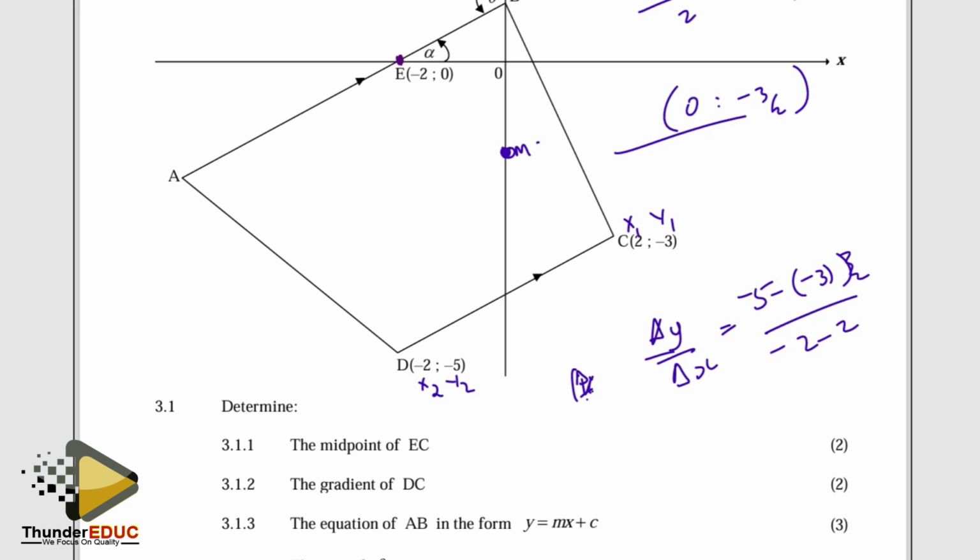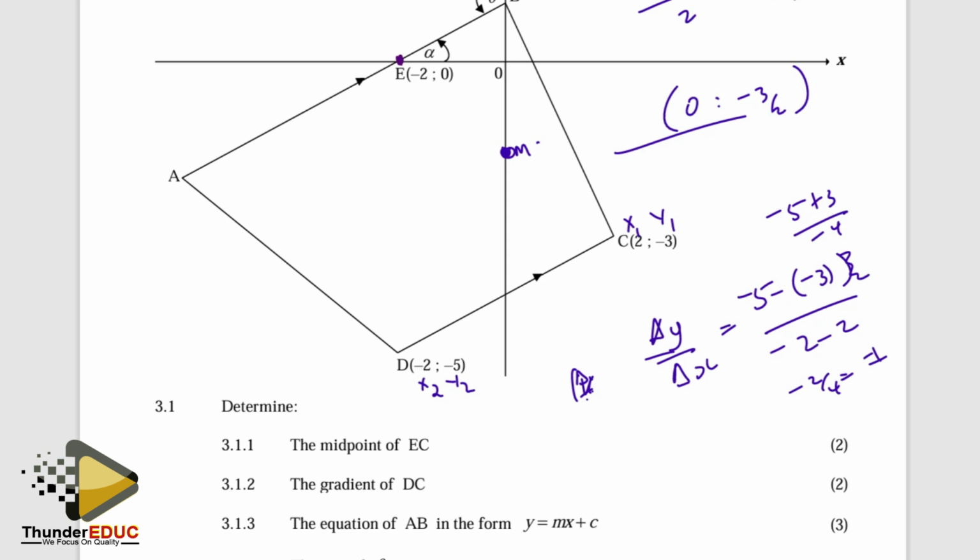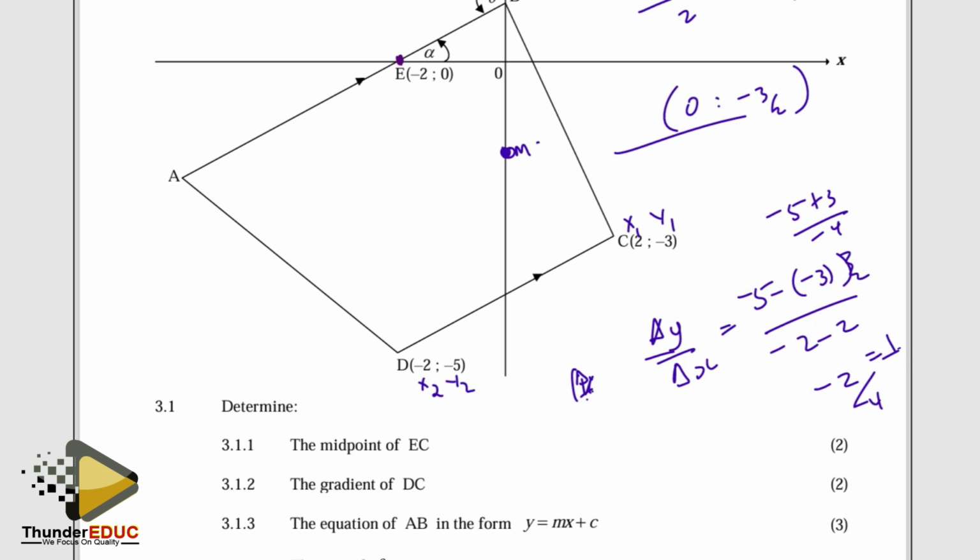So when I simplify this, I'm going to have a minus 5 plus a 3 over minus 4. That gives me negative 2 over 4, which is negative. But why am I getting a negative? Yet the line is having a positive gradient. Oh, that's my problem. Okay, so this is a negative 2 over negative 4, which is a half. Okay, the line is increasing, so the answer has to be positive. So I'm getting a half there.